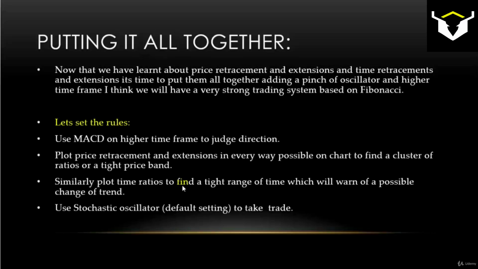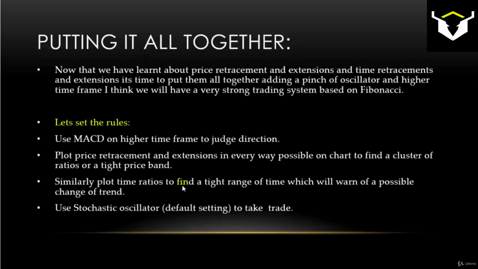So till now we have learned about price retracement ratios, price extension ratios, time retracement ratios and time extension ratios. Both sets of ratios are similar. For example, price retracement and time retracement ratios are 38.2, 50, 61.8 and 78.6.